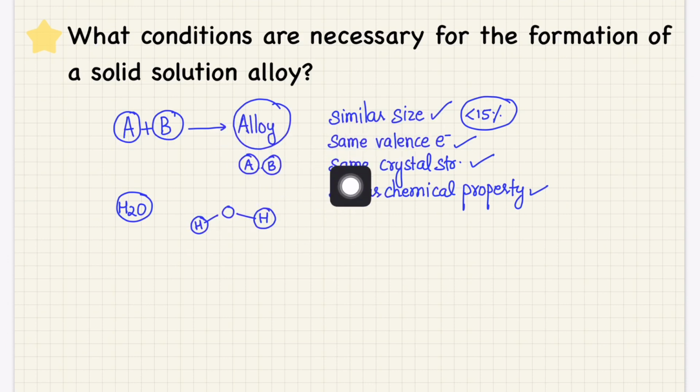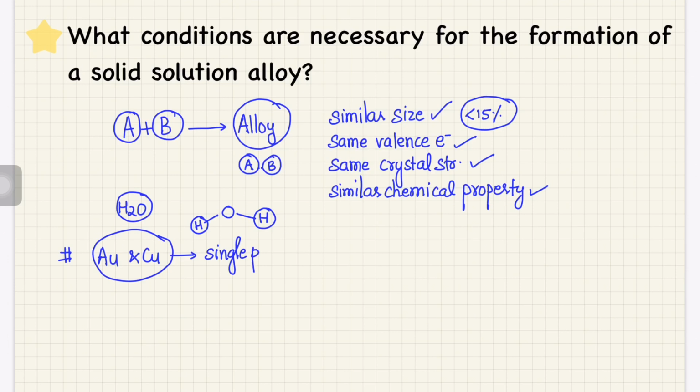Now we see some examples, and will relate these conditions with the solubility. If we take the example of gold and copper, they will form a single phase. They are soluble in all proportions. They form a single phase all the way from 100% gold to 100% copper.